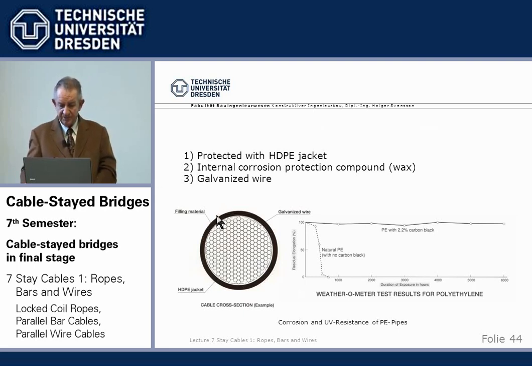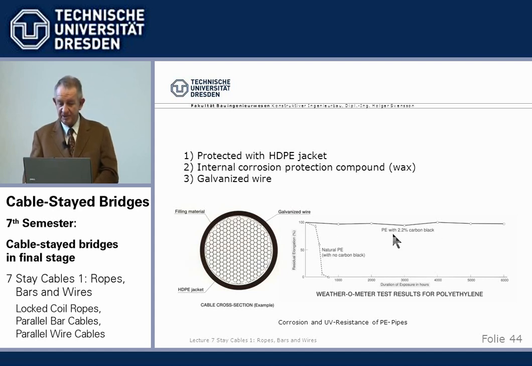I mentioned the PE pipe is UV resistant, which is a big problem with plastics. If it gets about 2% of finely dispersed soot, which is, the German word doesn't come to me, what you get in an oven when you have the black stuff sitting there, to make it UV resistant.